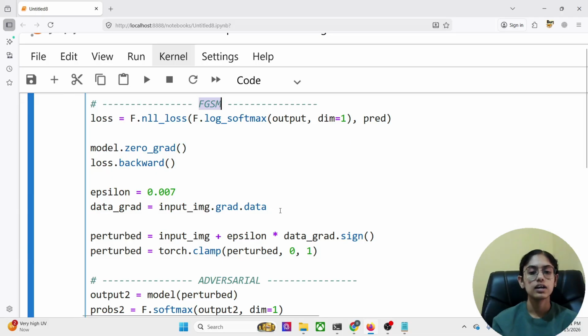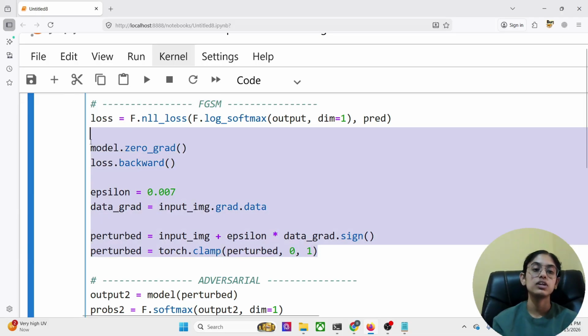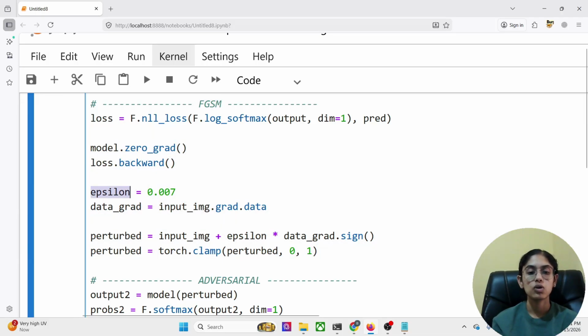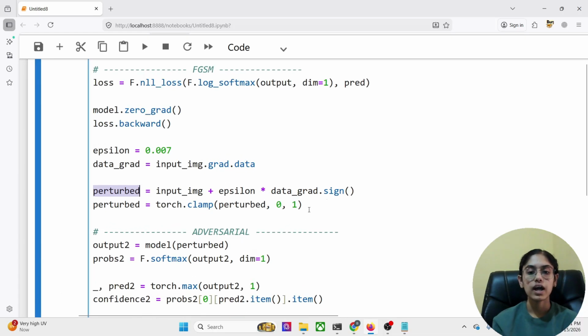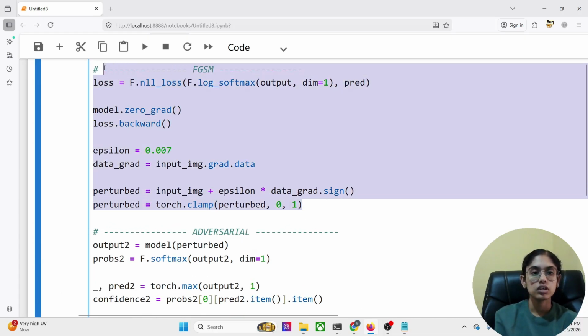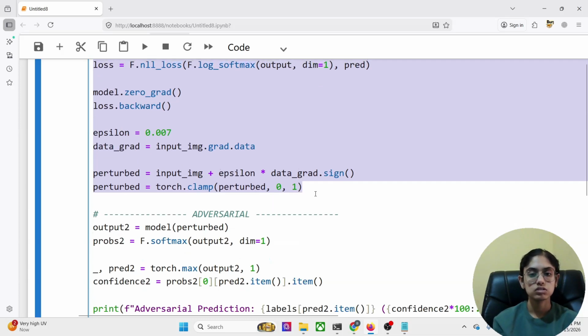So here, same equation only. See, epsilon, this input image, this resulting image and all. Here I am just using the FGSM function.